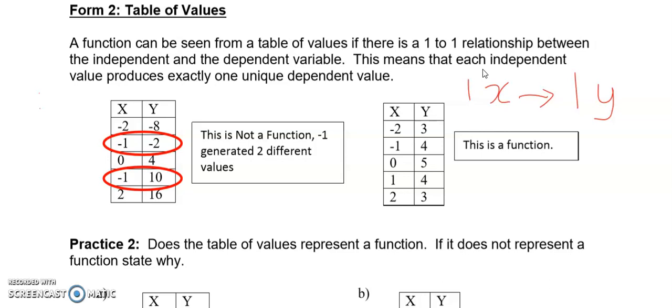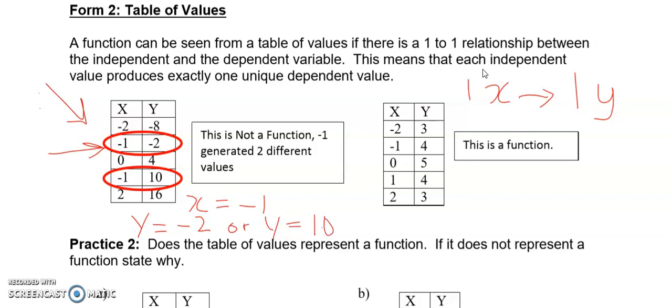Well, if you look at this table right here on the left-hand side, if I said to you x is equal to -1, what is the y value? What possible values of y are there? Well, you'd have to reply with two different y values. You'd have to say that y could be -2, and that's represented by this point right there, or y is equal to +10.